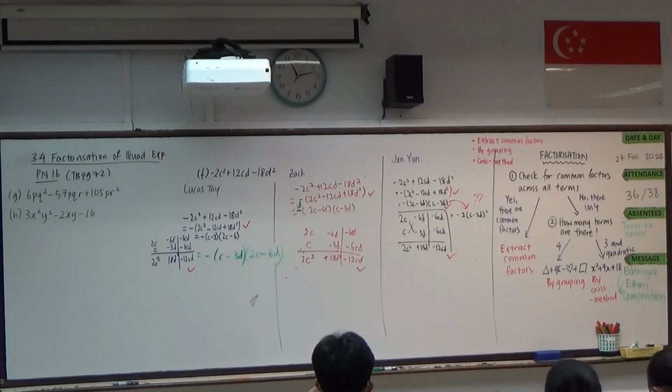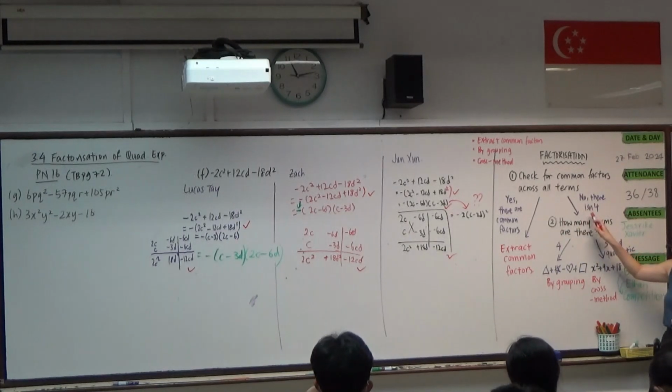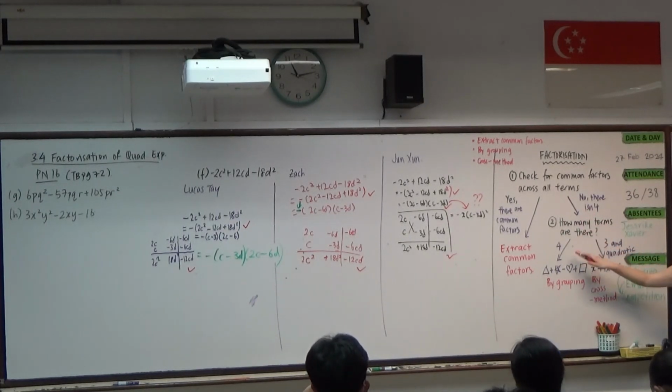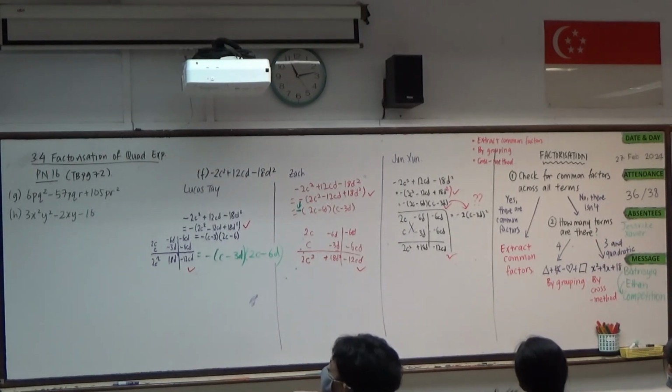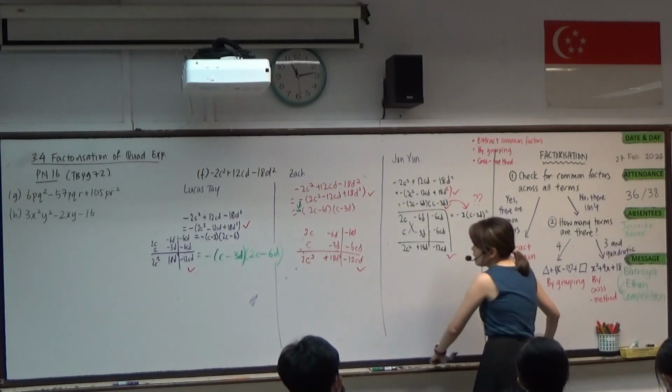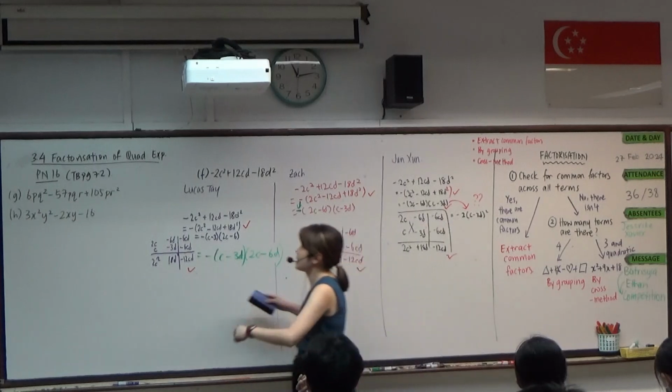Right? So this should be the logical process that you go through whenever you do factorization. Okay, check for common terms first. Then after that, ask yourself how many terms are there. Right? If there is no common factors. Okay, then after that, if there's 4, you should do by grouping. If there's 3, then you should do by cross method. Okay? Questions? Alright.